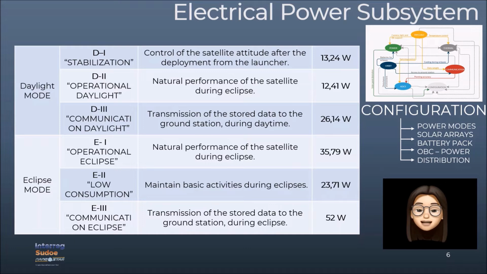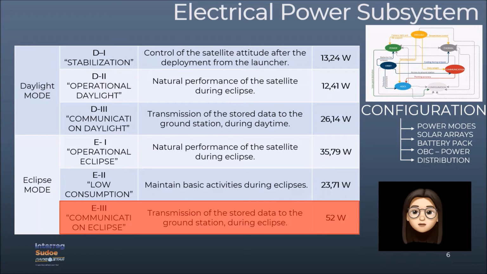As a result, 6 modes can be obtained from all the combinations of the use of the main subsystems. It is remarkable that the most energetic mode, mode E3, requires almost twice as much power as mode D2 or mode E1, which are the ones that will be operative during more than 95% of the daily orbits.